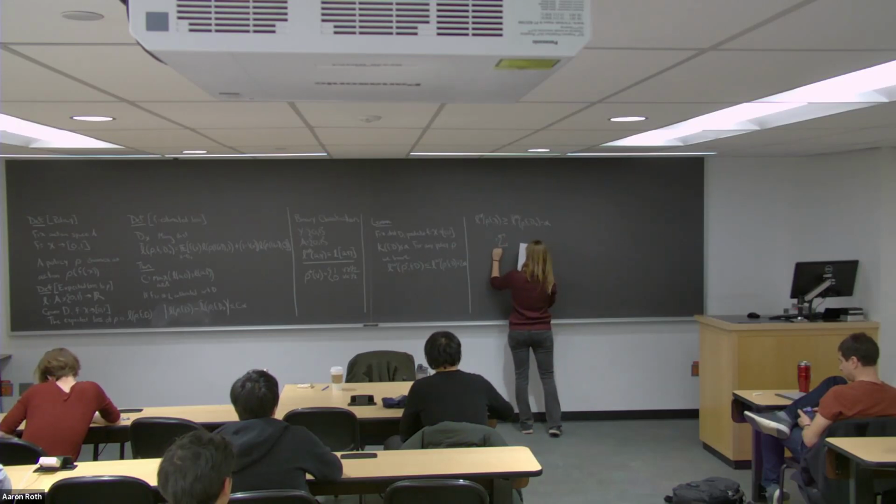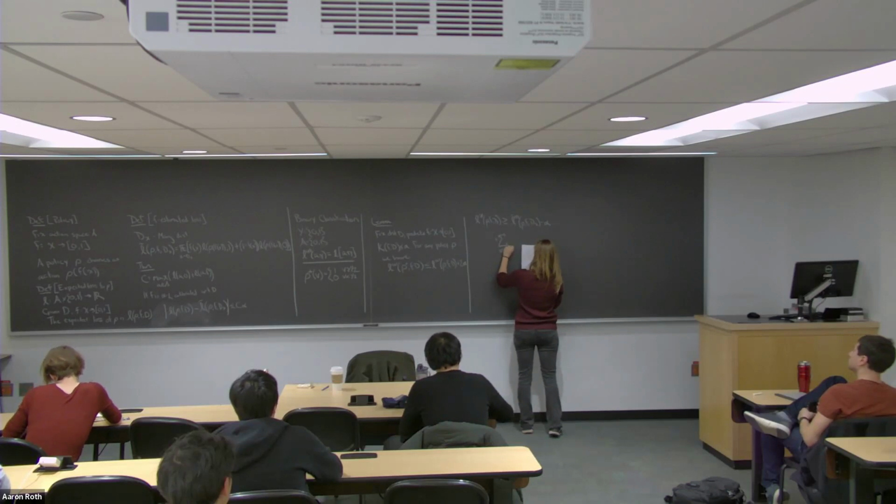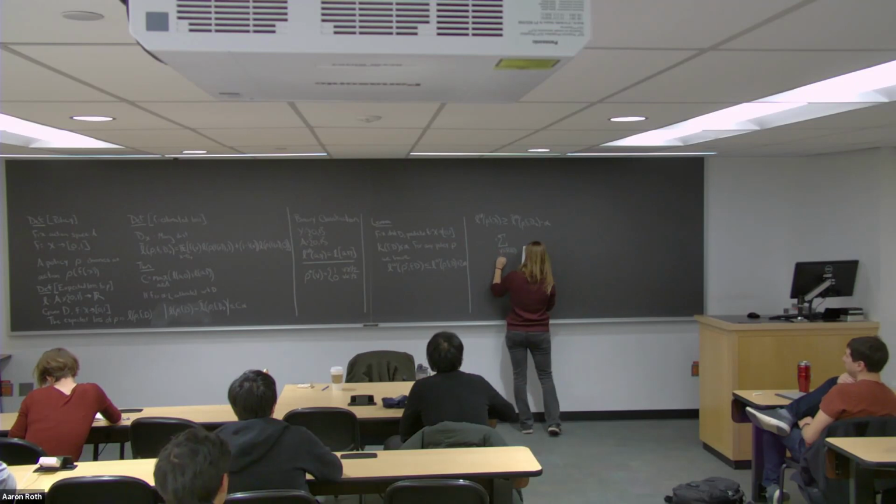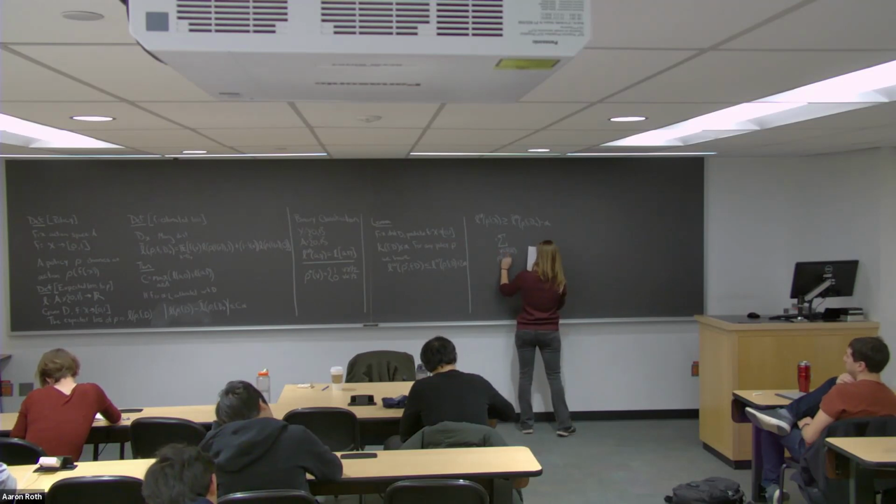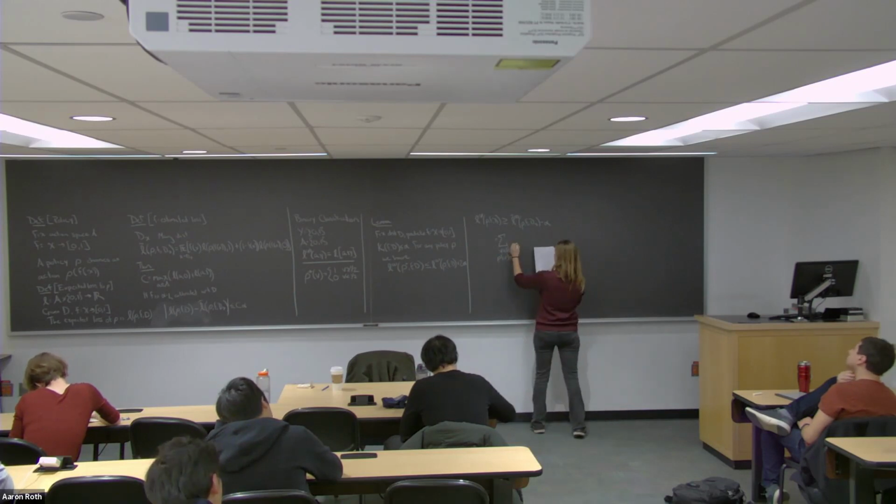So it'll be the sum over all V in the range of F, where our policy outputs 0.